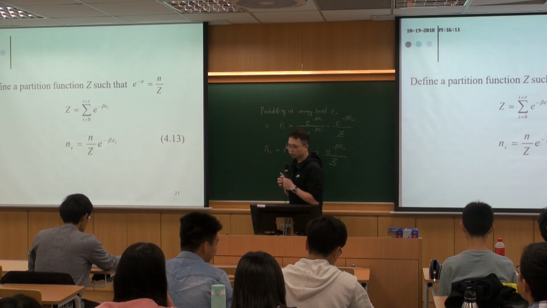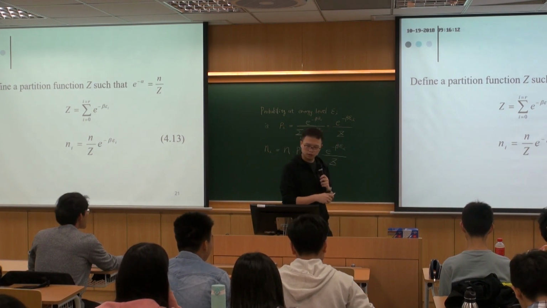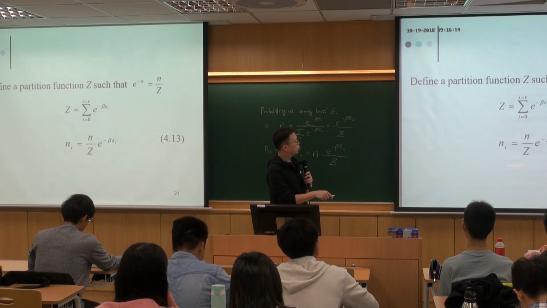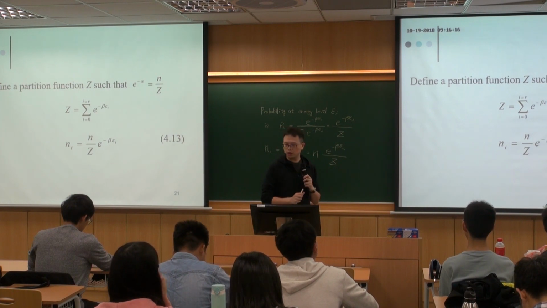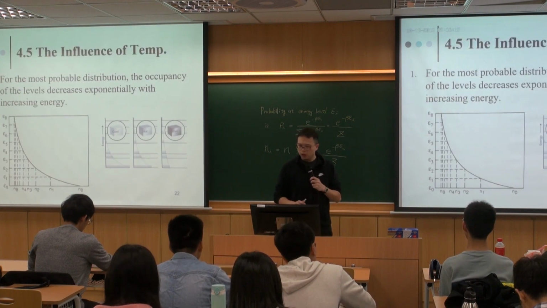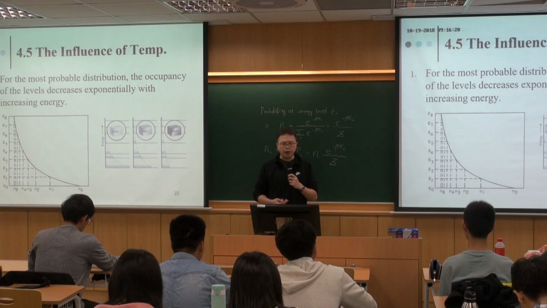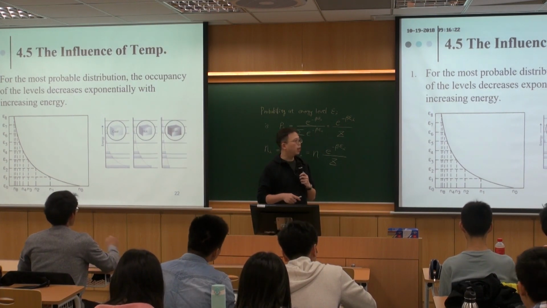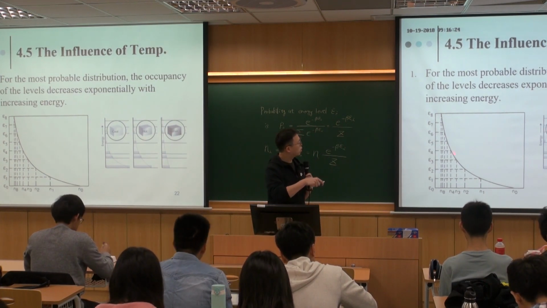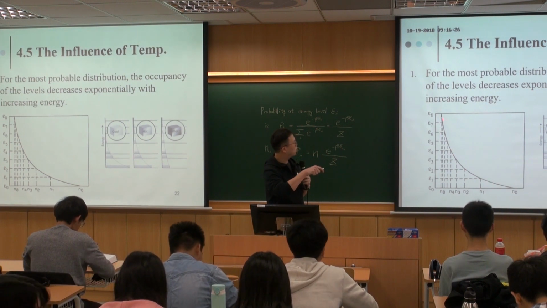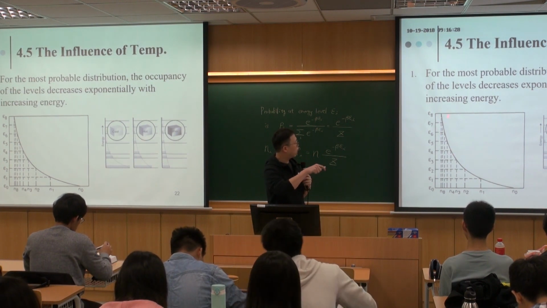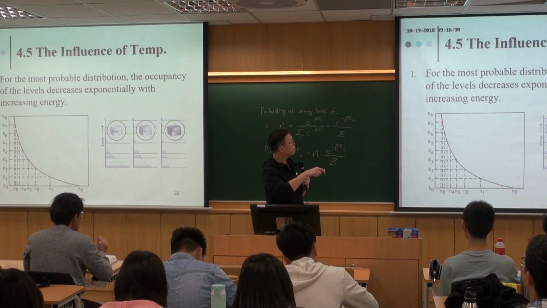So it is not hard to imagine that eventually you will have a form like this, right? But we already know from the very beginning of this semester that the distribution of particles among different energy levels has this exponential decay.